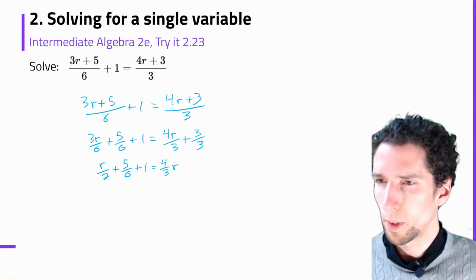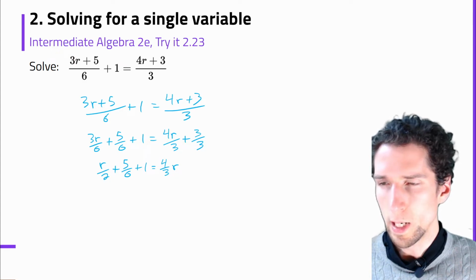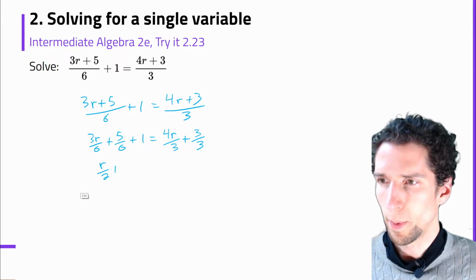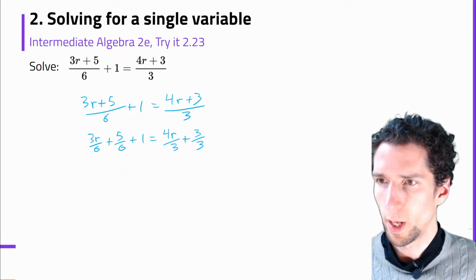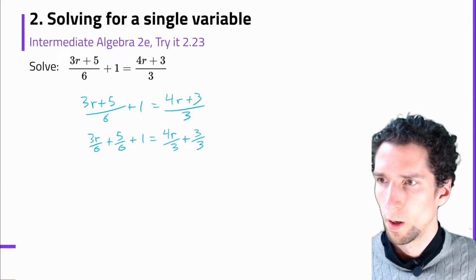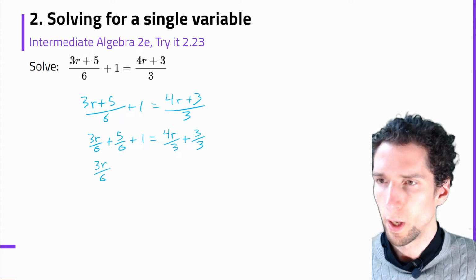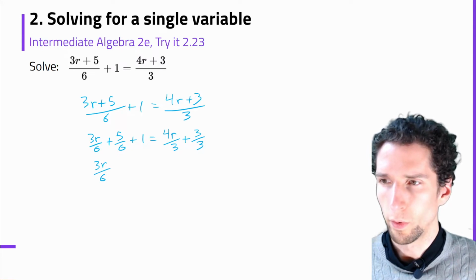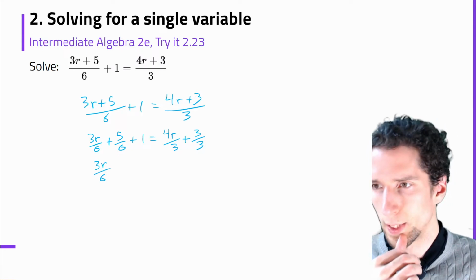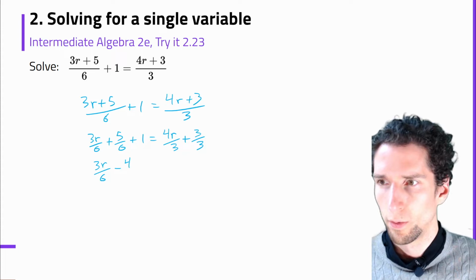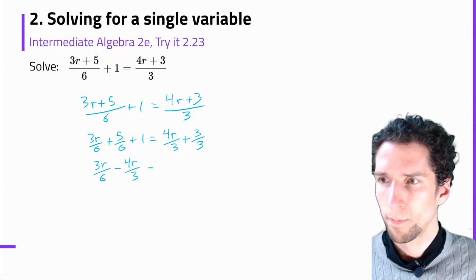I am going to have to multiply back anyways. Let's take a few steps back. Let's not reduce that. So 3r over 6, and the 4r over 3 will move to the left, so minus 4r over 3.